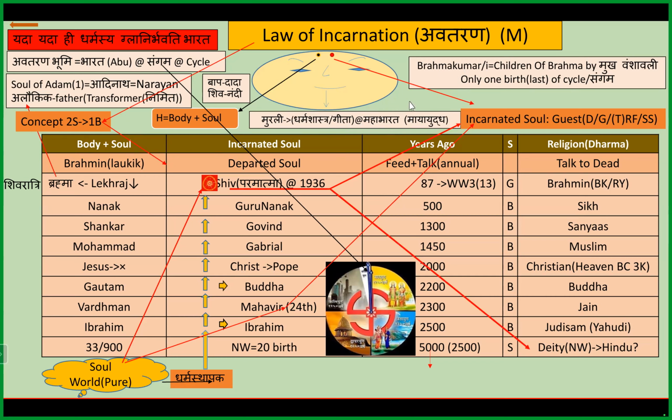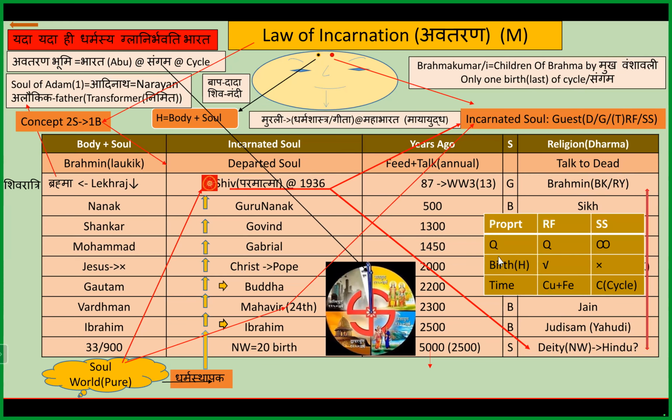This Murli was given, and because of that the incarnation happened in 1936, and the deity religion is established based on this Murli. The children of Brahma, the Mukhvanshavali, are called BKs, and through Rajyog they establish this, and then they become deities. After 2,500 years, this deity religion gets converted into the Hindu religion.